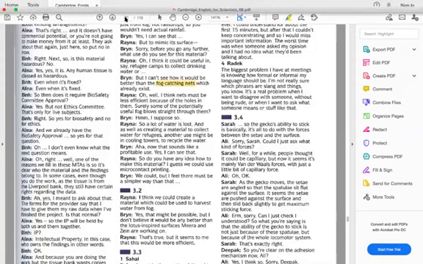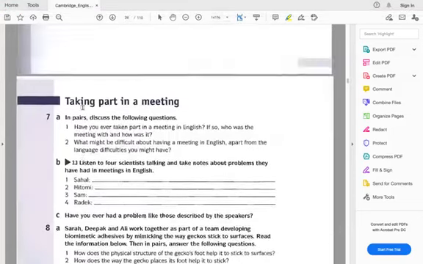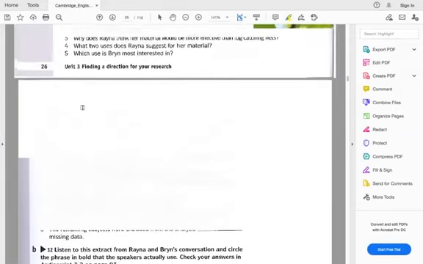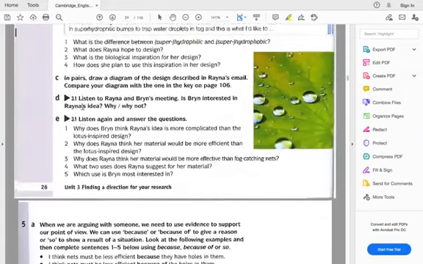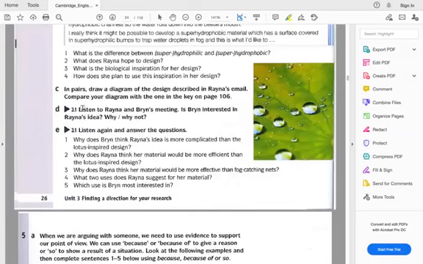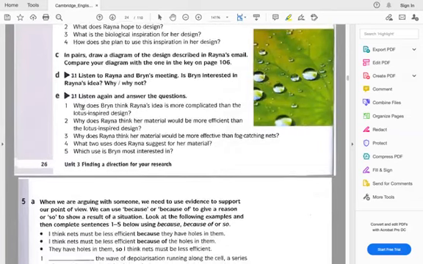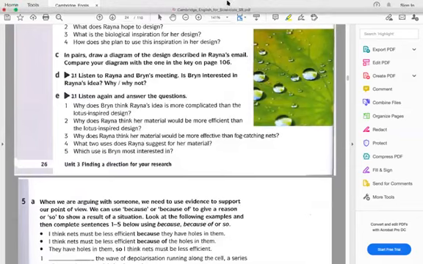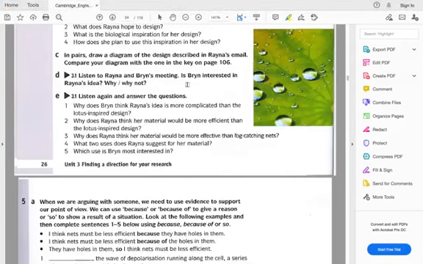All right, let's go back to the unit. So, is Brian interested in Ryan's idea? In the beginning he wasn't interested, but at the end he was convinced. في الأول هو ما كانش مقتنع بالفكرة وبعد كده اقتنع.